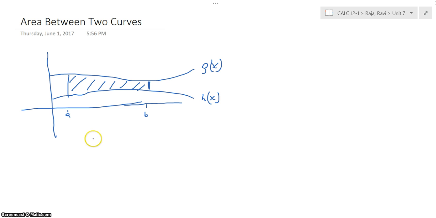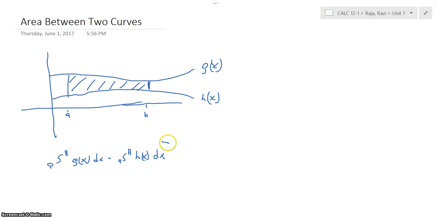So now we have a formula for this, and it is the integral from A to B of g of x dx minus the integral from A to B of h of x dx.